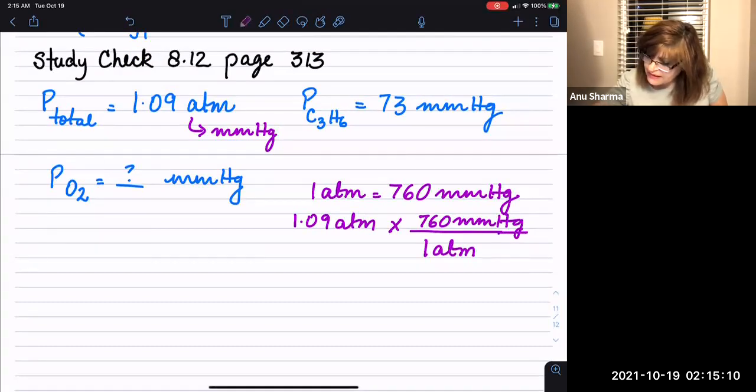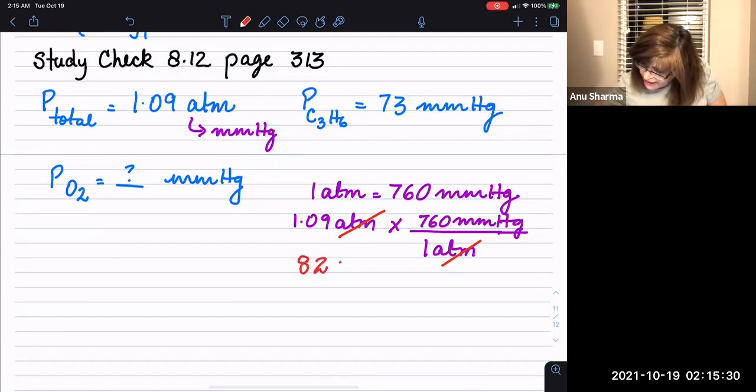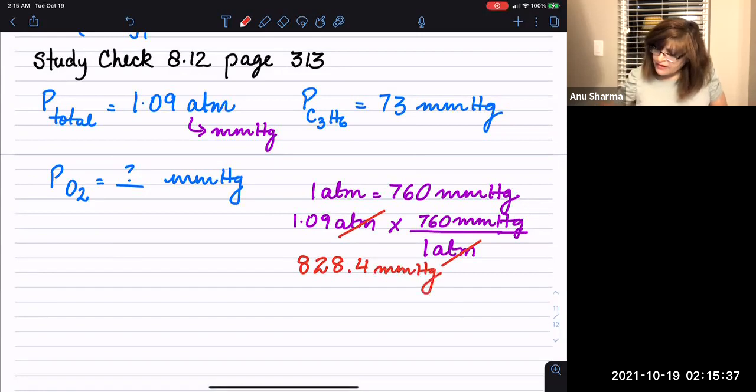The atm cancel out, and you are left with 1.09 times 760, which gives you 828.4 millimeters of mercury. This is P total, the total pressure.